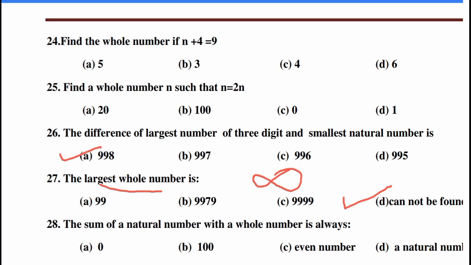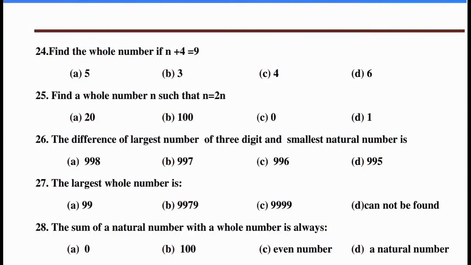Question number 28. The sum of a natural number with a whole number is always, if we do addition of natural number and whole number, then what we will get? A 0, B 100, C even number, D a natural number.